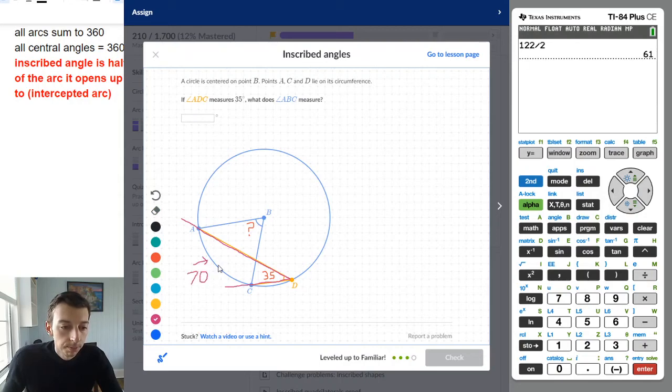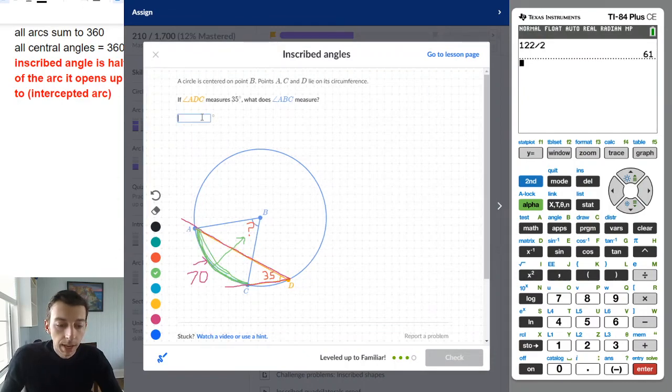So that's 70. Now remember that when you have an arc, any angle that opens up to that arc in the center is exactly the same. So if this is 70 right here, I know that this angle right here in the center is also 70 because it's a central angle. So that would also be 70.